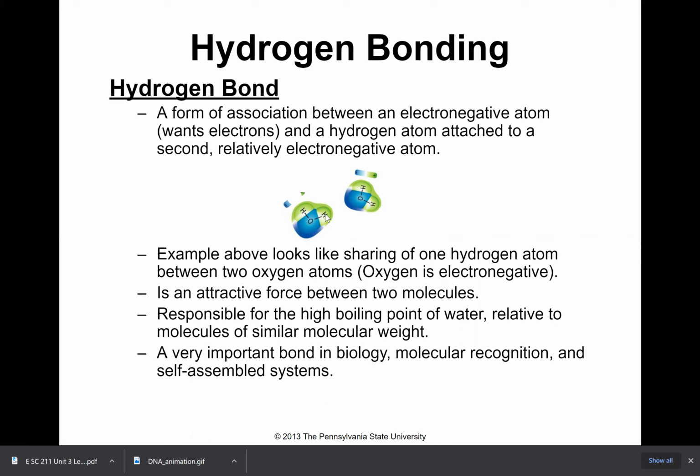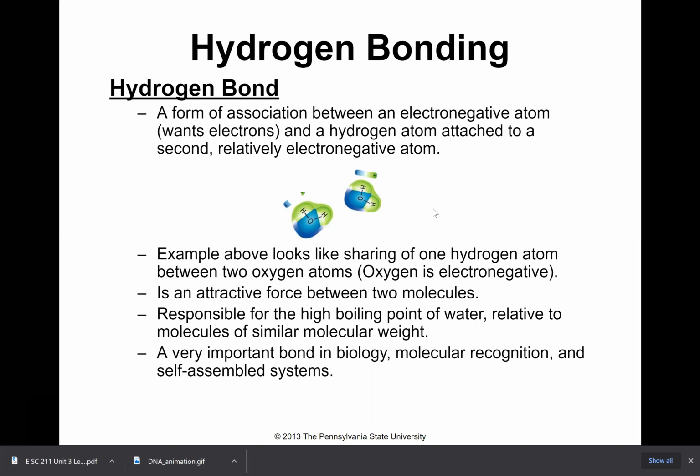So what happens is that in this water molecule, the hydrogen has a little bit of a positive charge. The oxygen has a little bit of a negative charge, not full negative, but partial negative. So this partial positive is attracted to the partial negative on the next water molecule, and so on and so forth. So this is a hydrogen bond attraction.